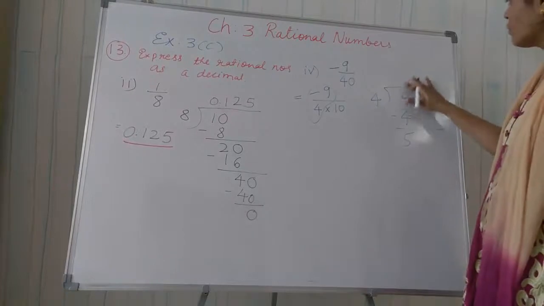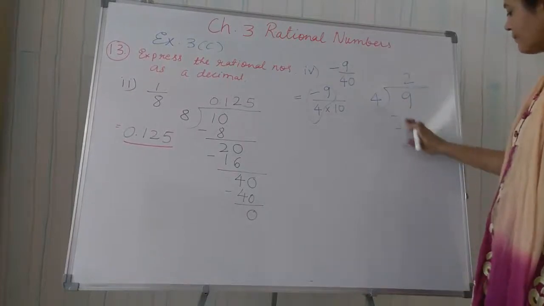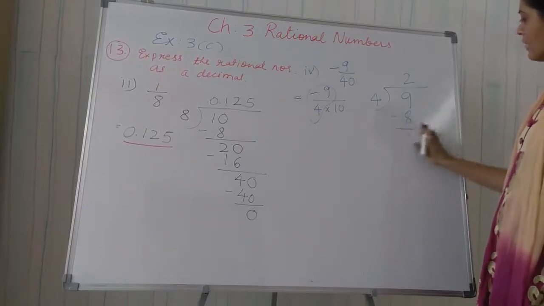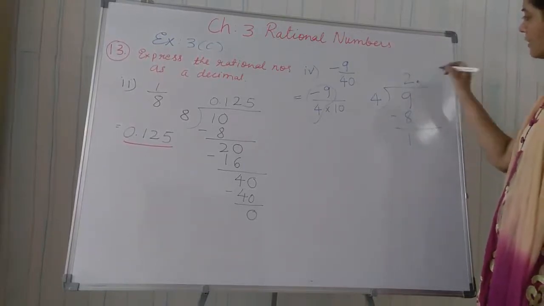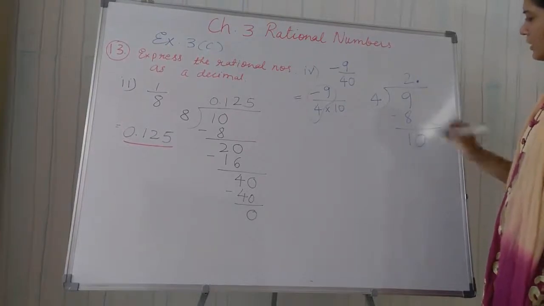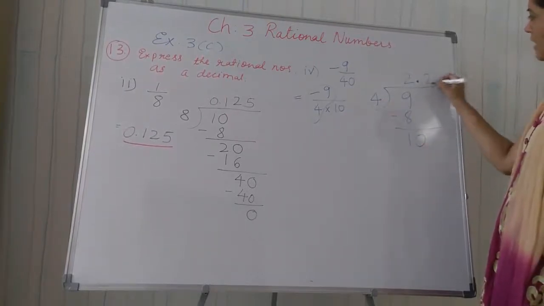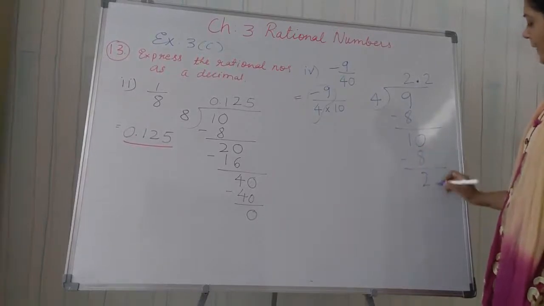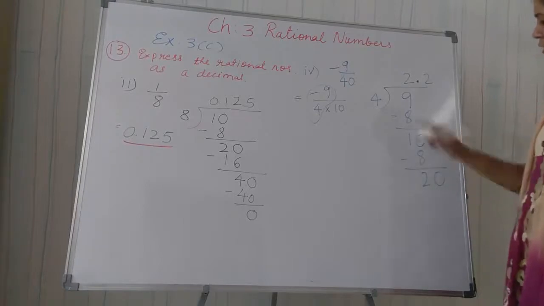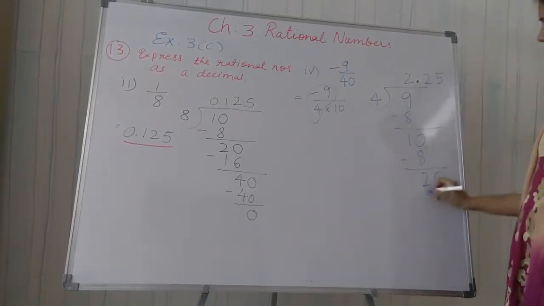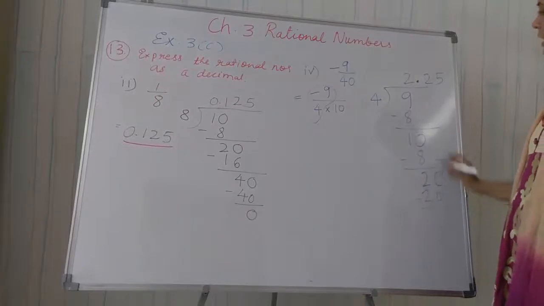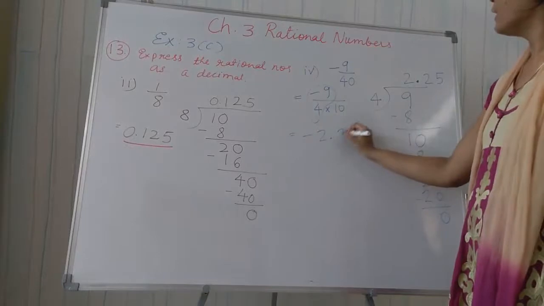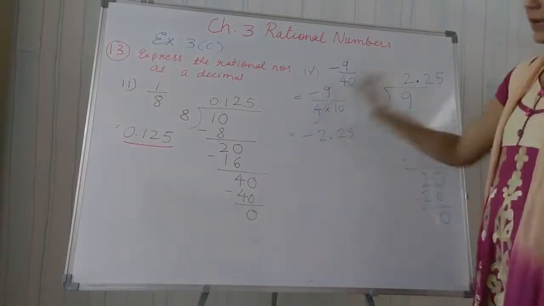Now we can put point here and 0 here, so 4 2s 8 again. So again by subtraction we get 2, and we can put one more 0. 4 5s 20. It means we get the answer here as 2.25, which is the answer of 9/4.